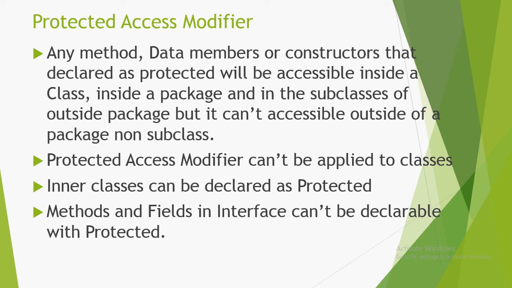Only in that class B can we access this member. If we declare any variable, method or class with protected, the protected access modifier will apply that property to that particular method or class.